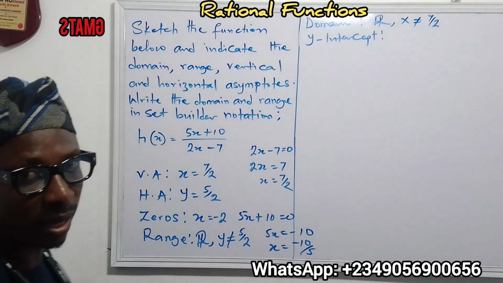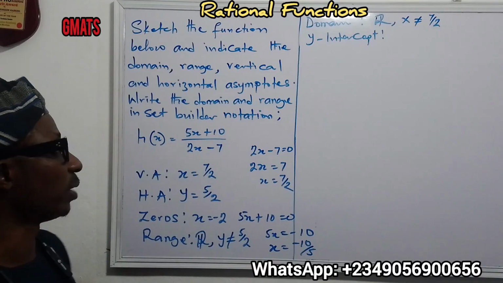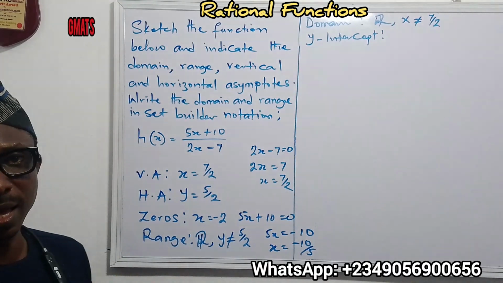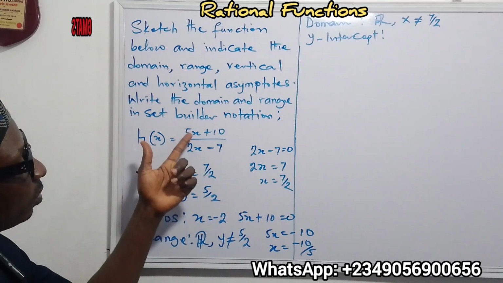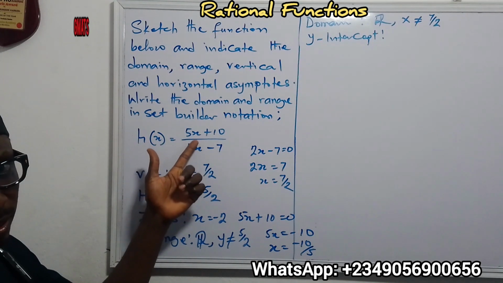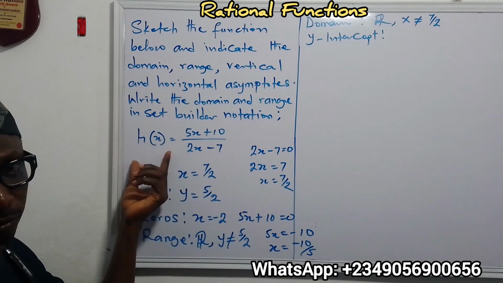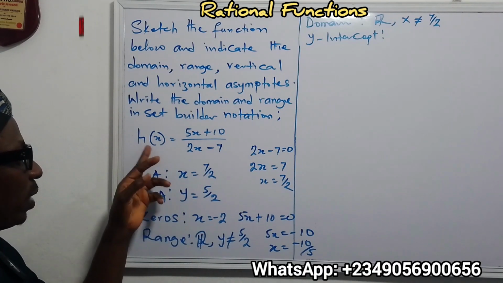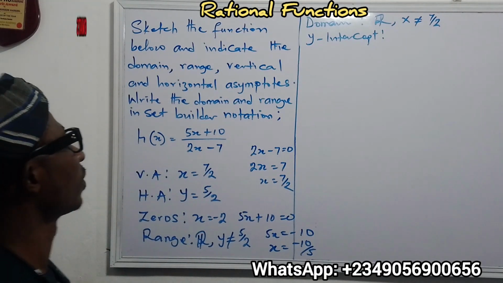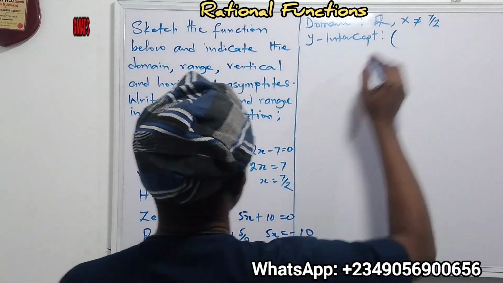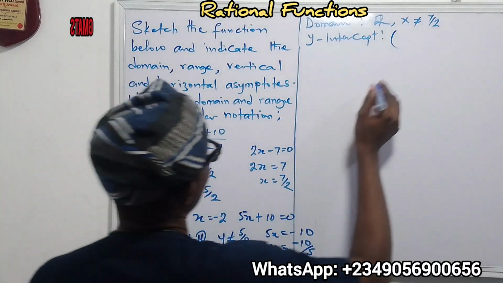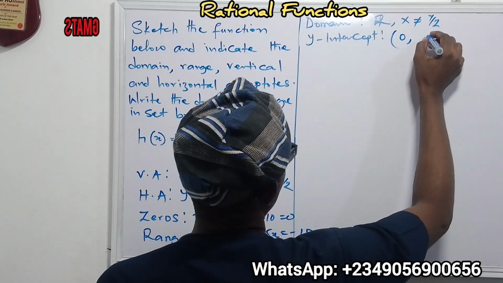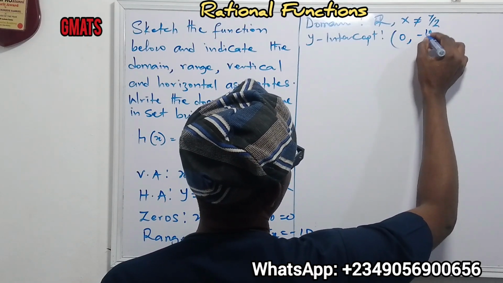Okay, and the last one we have here on the list is the y-intercept. The y-intercept is when x is 0. So just plug in the value of x here. When x is 0, what's going to be the value of your function, which is the same thing as y here? So when x is 0, y will be minus 10 over 7.